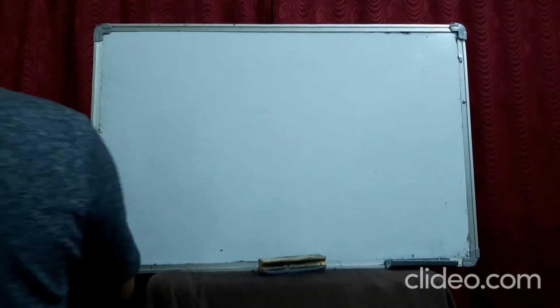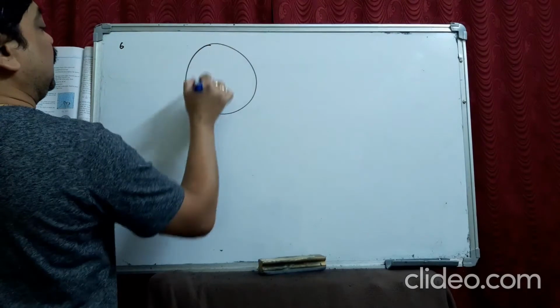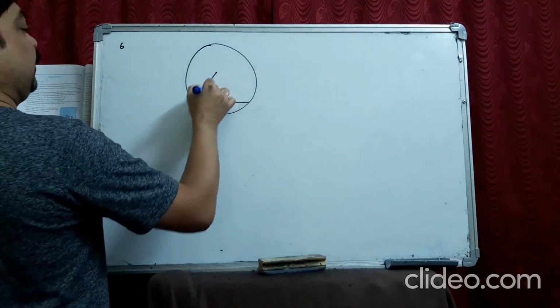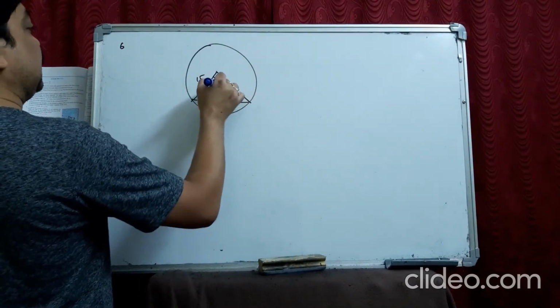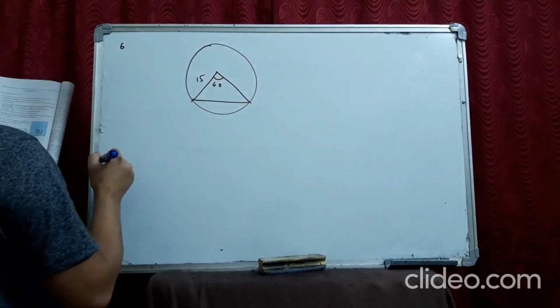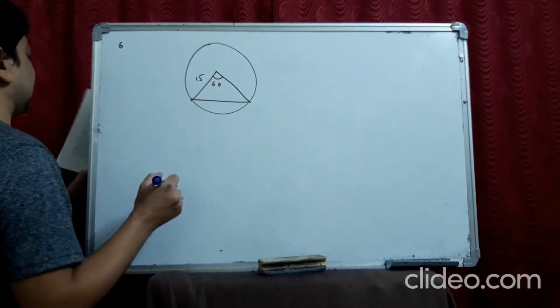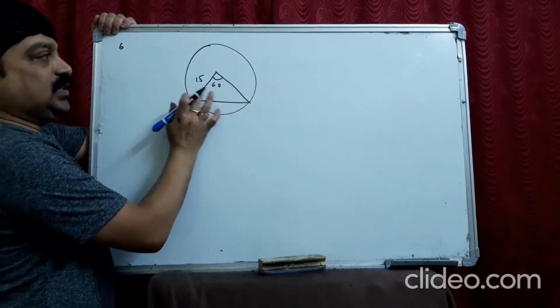See the sixth question. A chord of a circle of radius 15. There is a circle, there is a chord here. This is 15 centimeters, subtending an angle 60 at the center. Find the areas of the corresponding minor and major segments of the circle. Corresponding minor segment is this. Major segment is away from this.